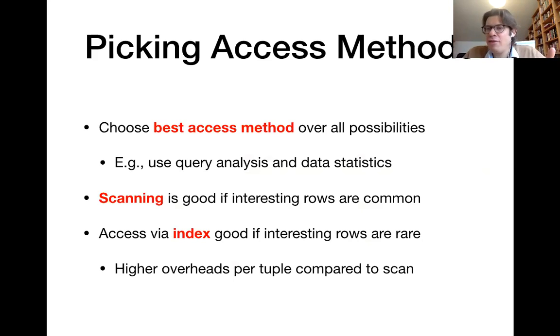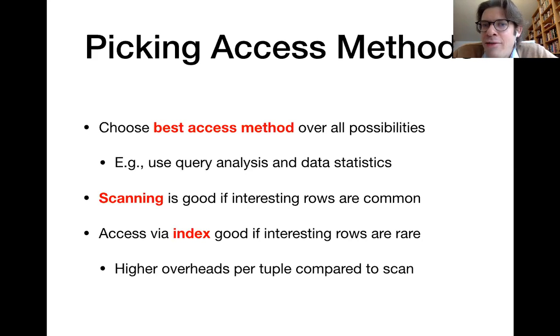If I have a given query, then I would typically first decide which of those access methods are admissible using a query analysis. And then I would estimate the cost for specific methods based on data statistics. For instance, if I have a selective predicate in my where clause, then I would probably consider sampling from an index.